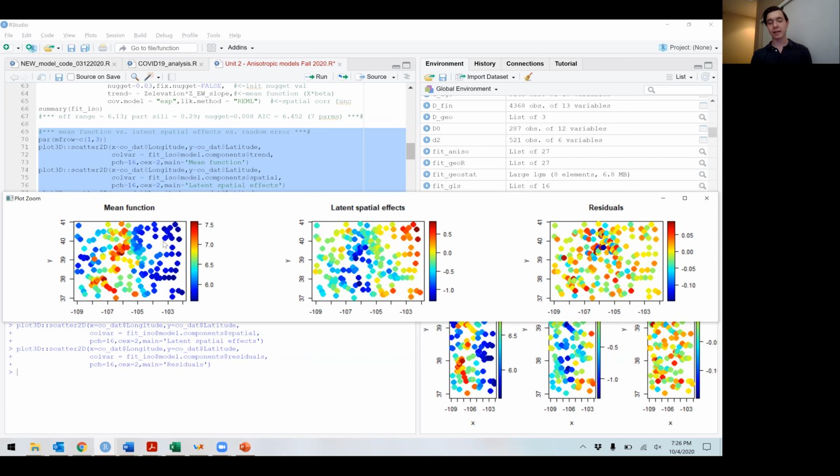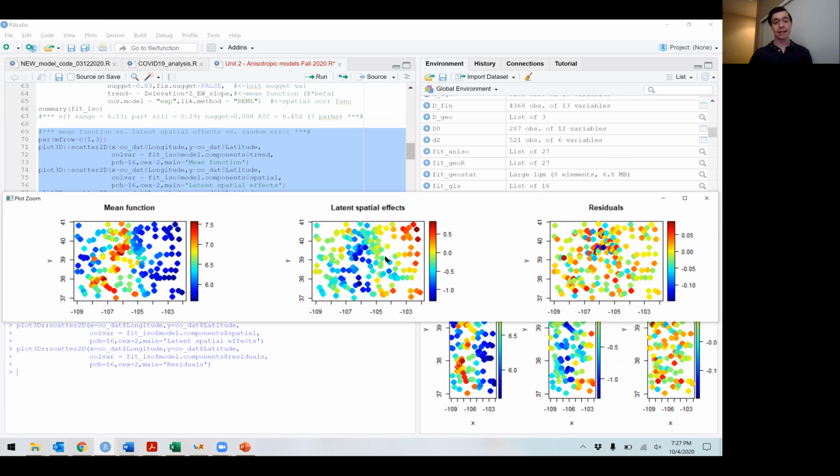This is the state of Colorado, right? So it's quite flat and low elevation out here in the northeast corner, but the spatial effects say not so fast. They still get quite a bit of precip. So the spatial effects upgrade the precip out here in the plains. Looks like they downgrade the precip over here in the central mountains.